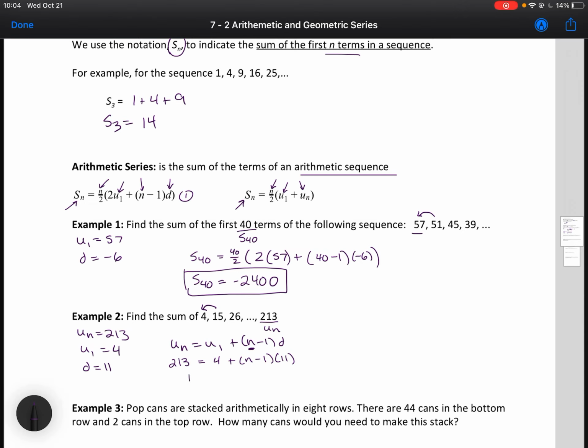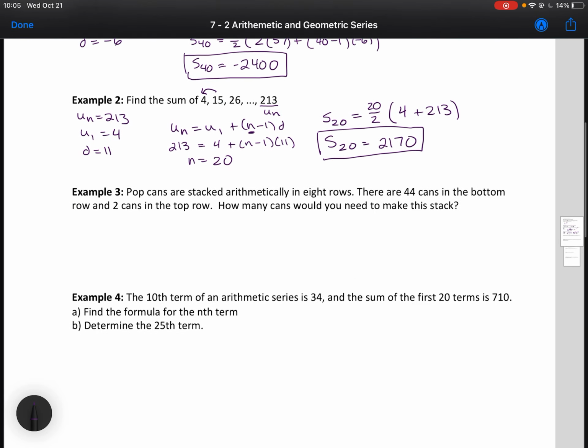Then I can rearrange and solve for n, and I get that n is equal to 20. This means that I'm looking for the sum of my 20 terms, and then I can use either formula. I'll use formula number 2: n over 2 times u1 plus un. When I evaluate that, I get 2,170 as the sum of my first 20 terms.